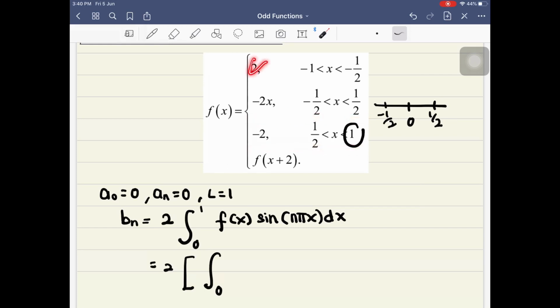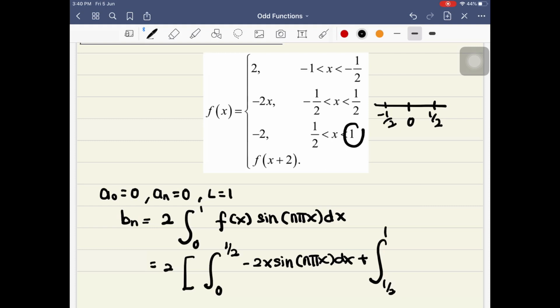Okay, so this one is not included anymore. Why? Because we consider 0 until L. Okay, so therefore you will have 0, 1 over 2. So what is the function? -2x sine n pi x dx plus 1 over 2 until 1, -2 sine n pi x dx.